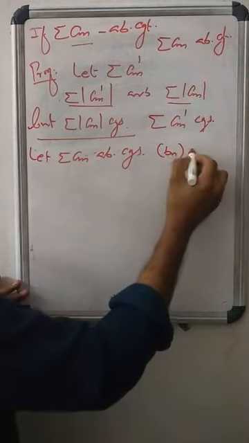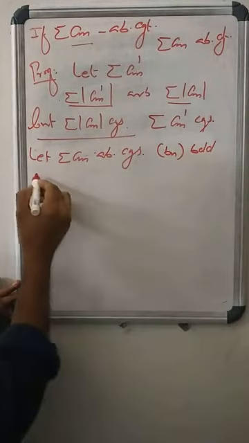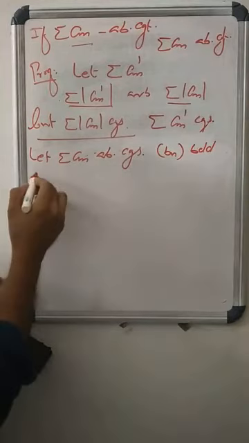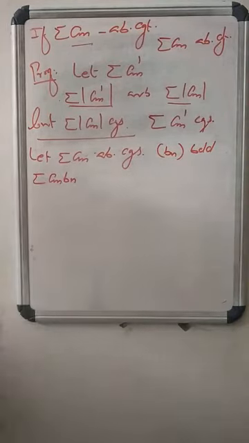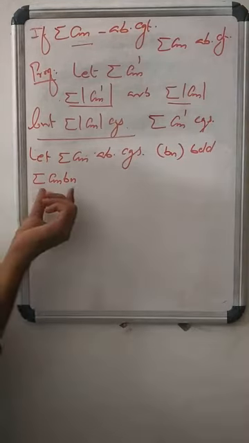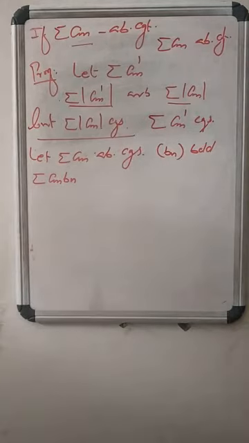What about the series sigma an bn? Is it absolutely or conditionally convergent?